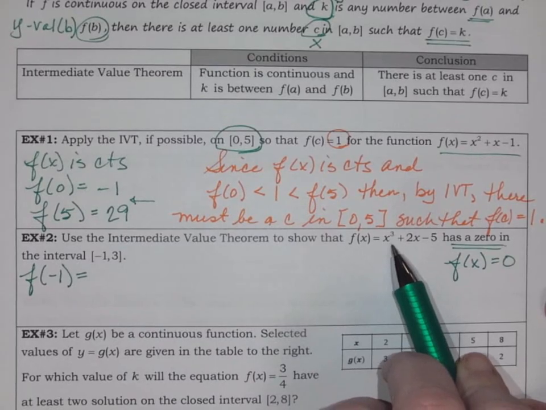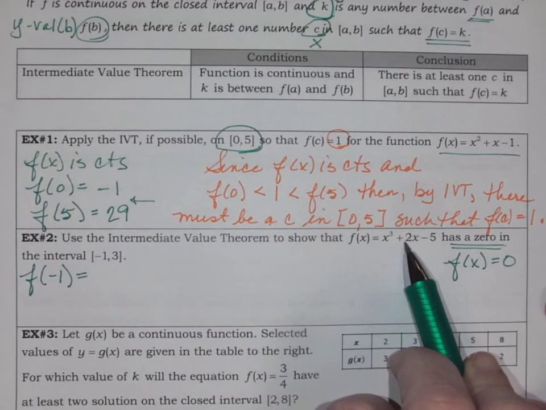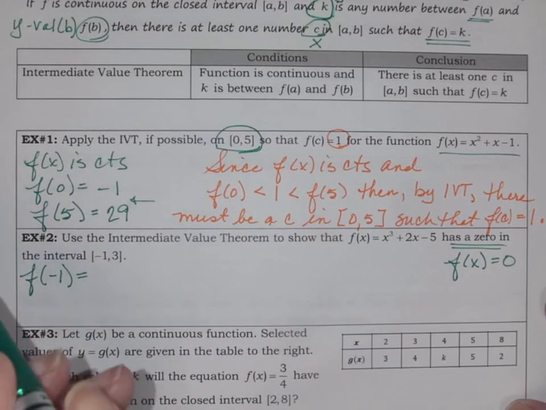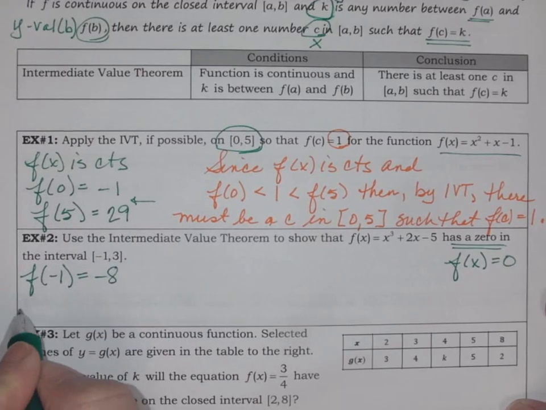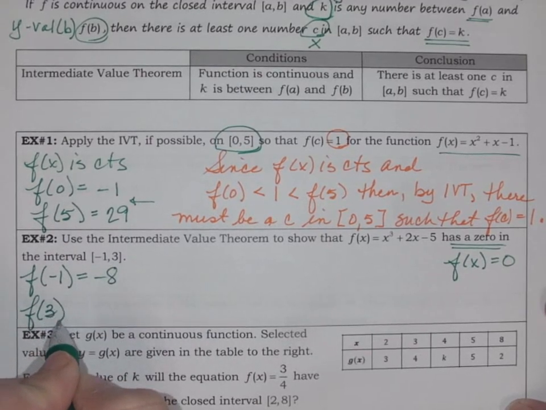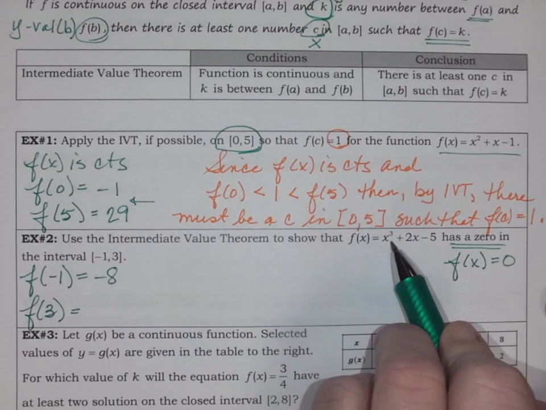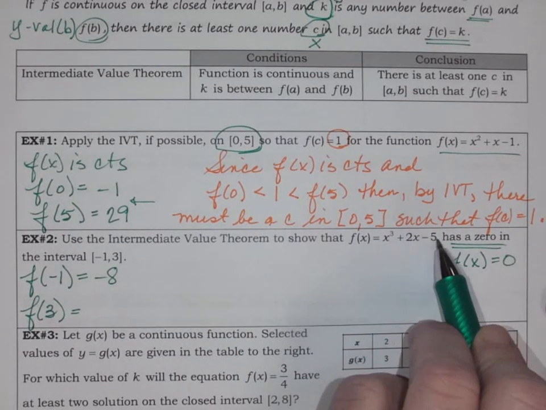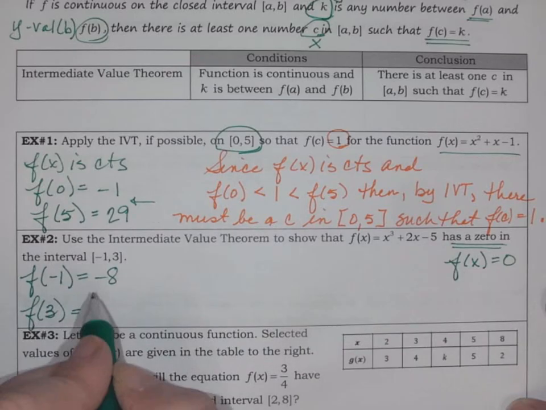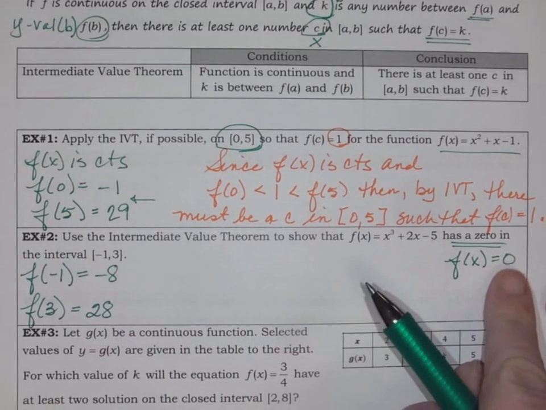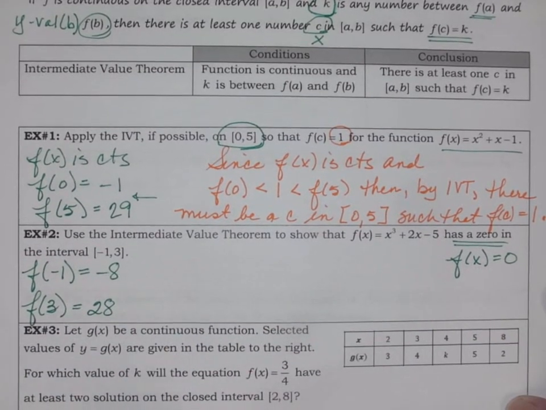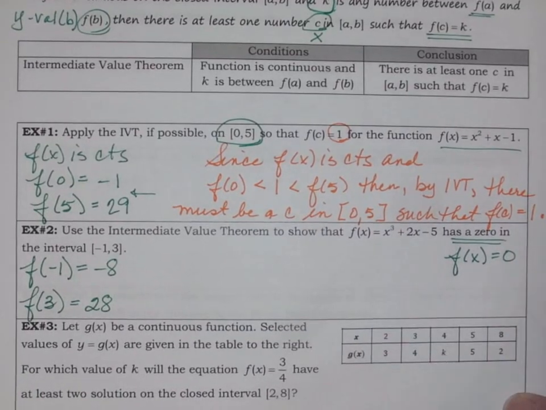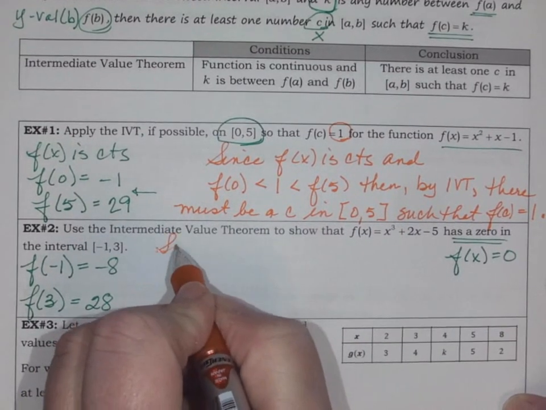If I plug in -1, that would be -1 minus 2 would be -3, minus 5 would be -8. And then if I plug in 3, I would get 27 plus 6 is 33, minus 5 is 28. So again, 0 fits in between the two y values, so we can write our statement.